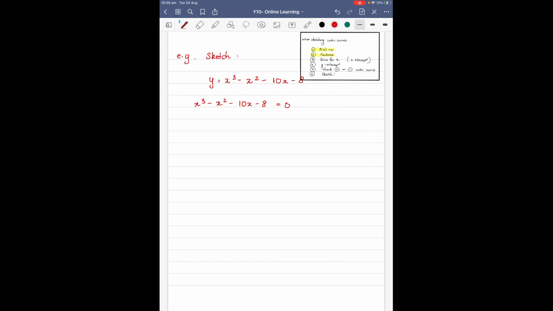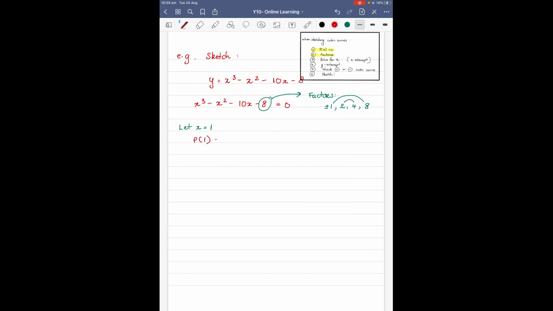So to factorize, we have to find a factor. Looking at our last term, what are the factors of 8? We know that 1, 2, 4, and 8 are factors because 2 times 4 is 8, 1 times 8 is 8. Alright, so let's try the first one. We can try plus and minus 1. So let x equal 1.